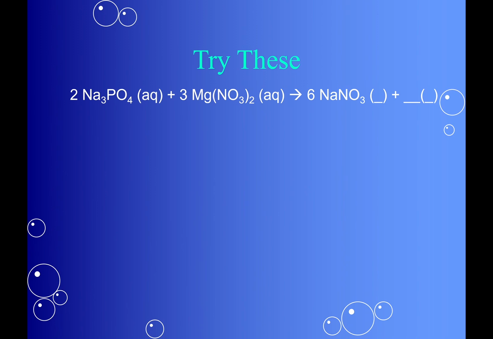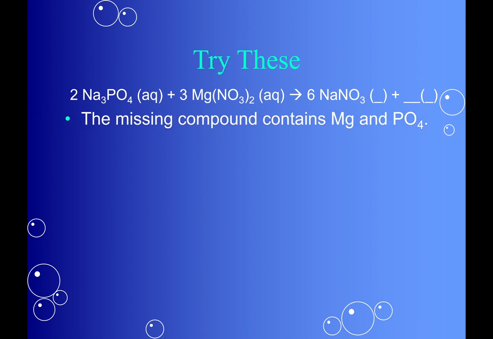Another example, feel free to pause this and work out the problem. Determine your final product and the phases of each. So we have here 6 sodiums, 2 and 3, 6 sodiums, so that counts there.